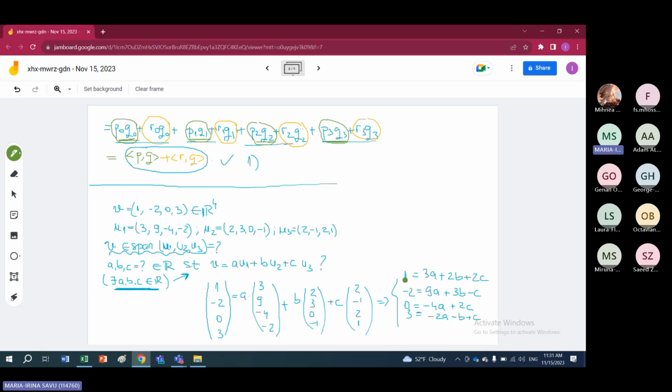But having two equations and three unknowns will lead you to the fact that c is a secondary variable, so you have an infinite number of solutions. Okay, is it clear?